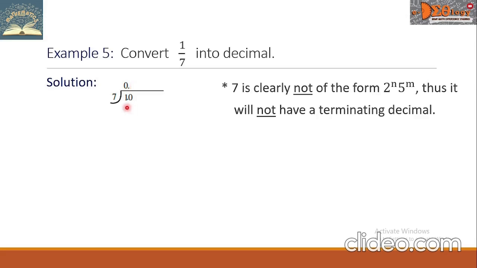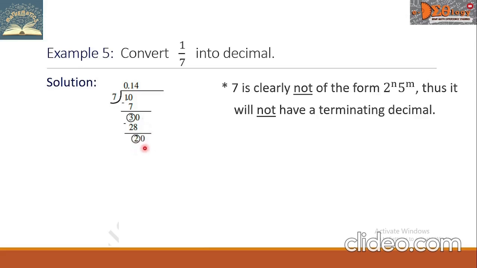Then we will add 0 to 1. This becomes 10. 10 divided by 7 is 1. 1 times 7 is 7. 10 minus 7 is now 3. Then we add 0. 30 divided by 7 is 4. 4 times 7 is 28. 30 minus 28 is 2.